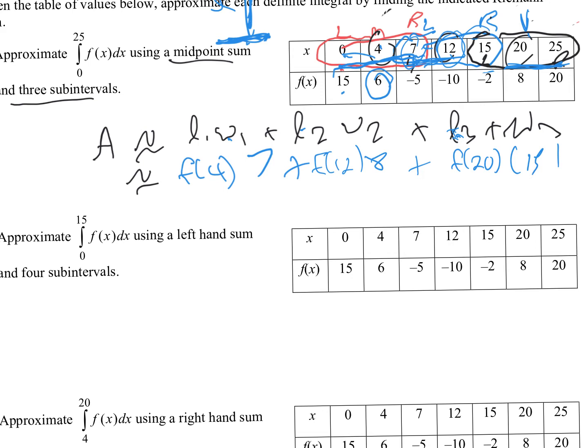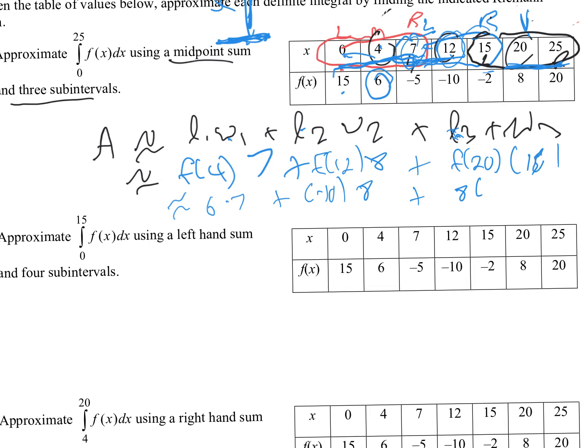So you could just go to the table and say it is approximately 6 times the 7, plus a negative 10 times the 8, plus the 8 times the 15. Oh, I'm sorry, it's not 15.